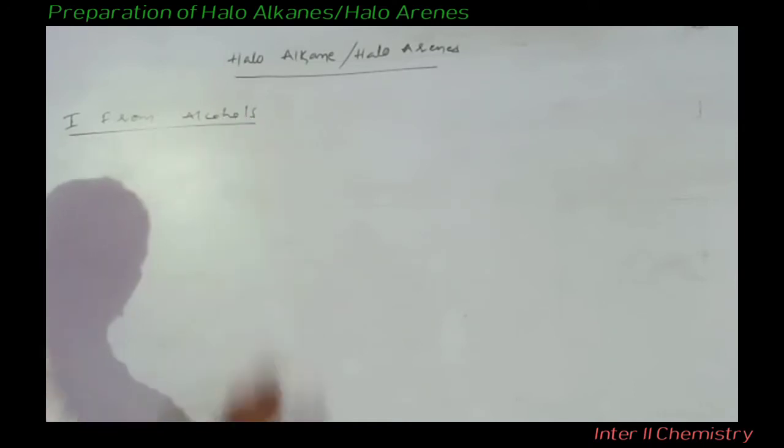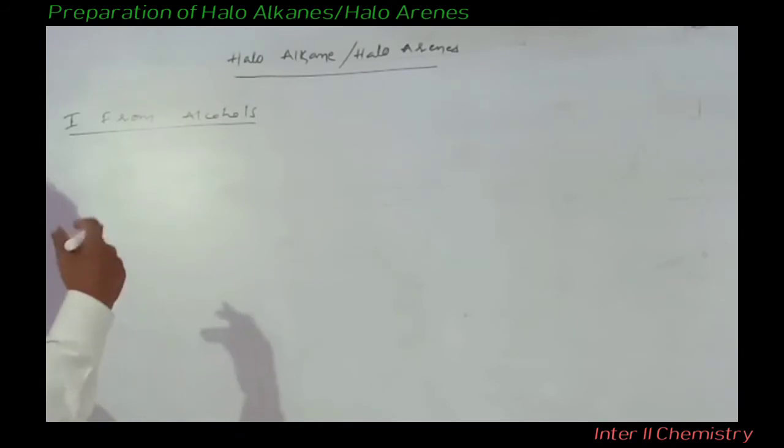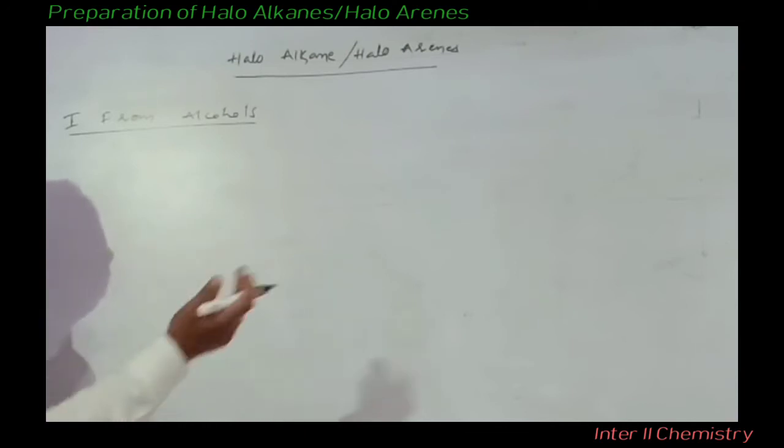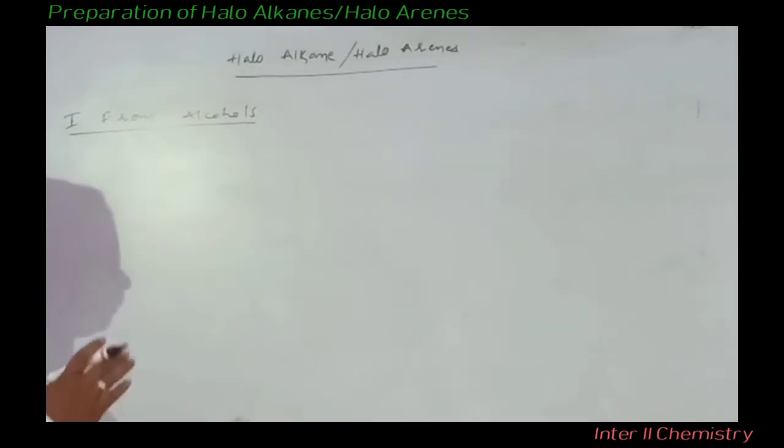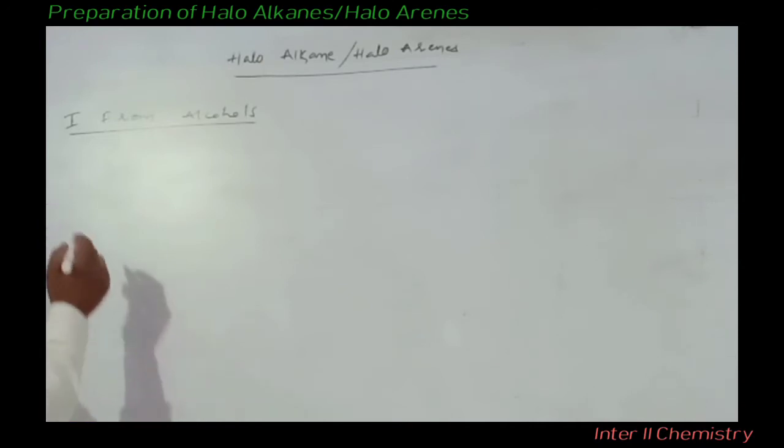Here we are preparing the alkyl halides from alcohols only. Aliphatic alcohols give alkyl halides; if those are aromatic, they are called aryl halides. So from alcohols is the best method for the preparation of alkyl halides.